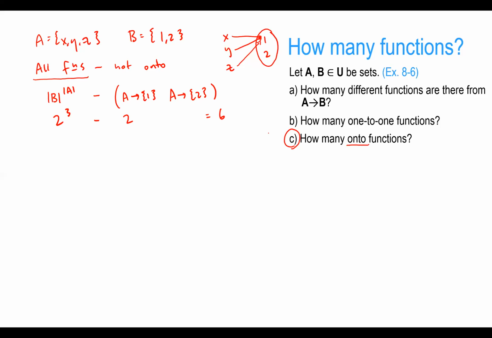So I'm just going to do another example here, which is if we have A is equal to W, x, y, z. So if I add another W here, and B is equal to 1, 2, 3. So again, I can attempt to do the same thing, take all the functions and subtract the ones that are not onto.